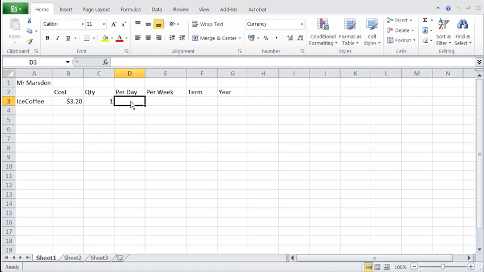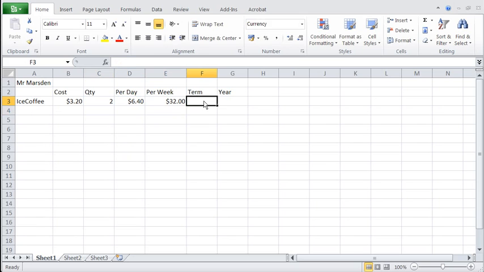So per day will be equal to this cell here in B3 times the quantity which is in C3, and press enter. So if I decide to have 2 iced coffees a day, it's $6.40. To work out the cost per week, we can actually equal to D3 times 5.